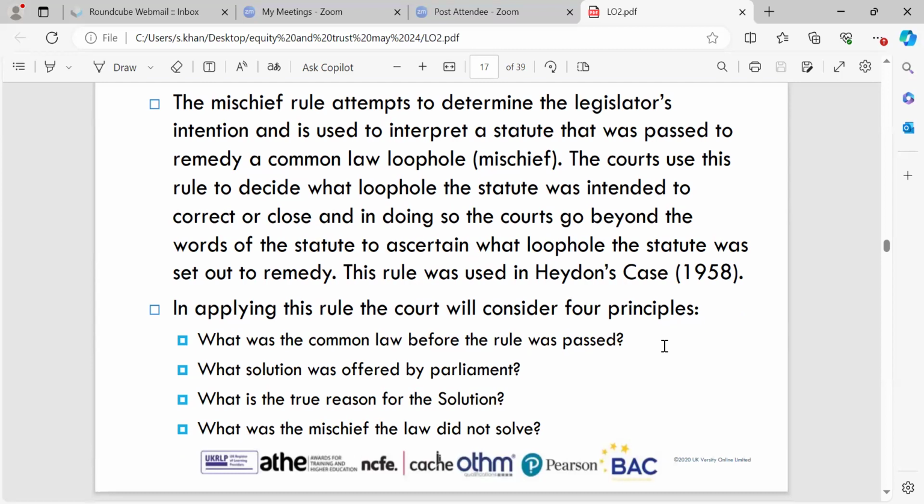Firstly, what was the common law before the making of the act? Secondly, what was the mischief and defect for which the common law did not provide? Thirdly, what remedy Parliament hath resolved and appointed to cure the disease of the Commonwealth. And fourthly, the true reason of the remedy, and then the office of the judge is to make such construction as shall suppress the mischief and advance the remedy.